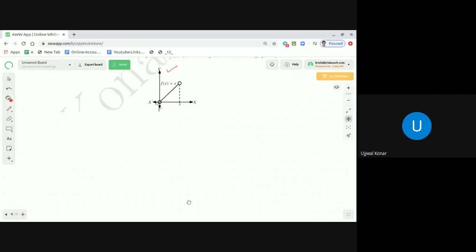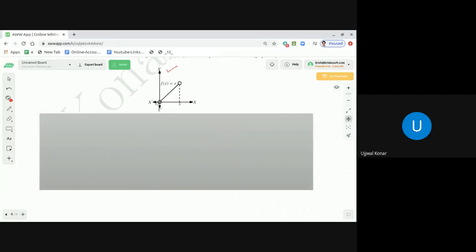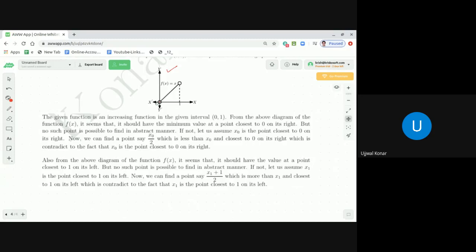If you see, dear students, the given function f(x) equal to x is an increasing function in the given interval 0 to 1. From the above diagram of the function f(x), it seems that it should have the minimum value at a point closest to 0 on its right, but no such point is possible to find in an abstract manner.